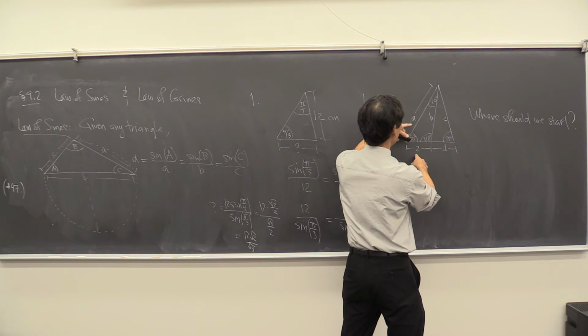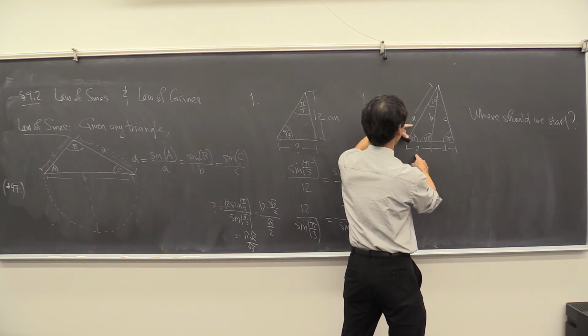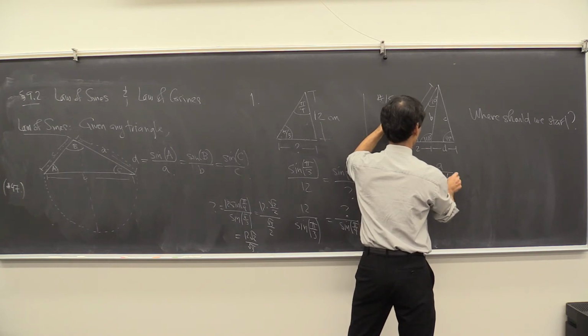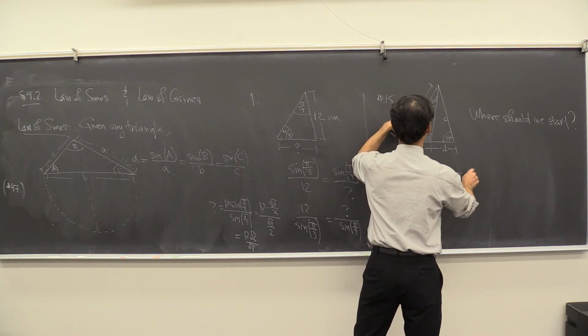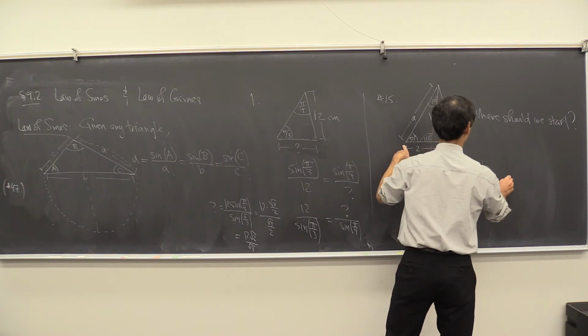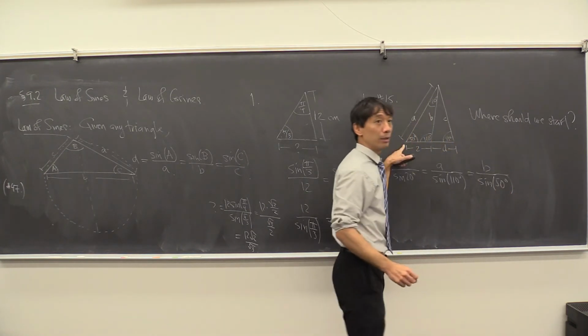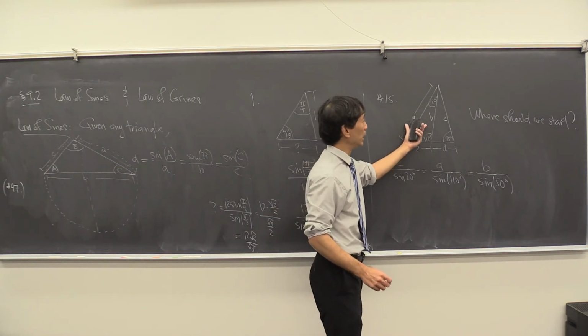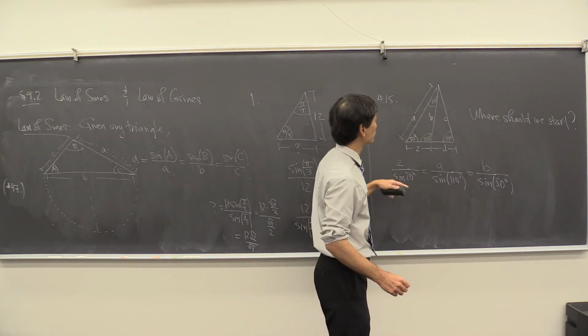That tells me that A over sine 110 is that, and B over sine 50 is that. So that gives me A and B.